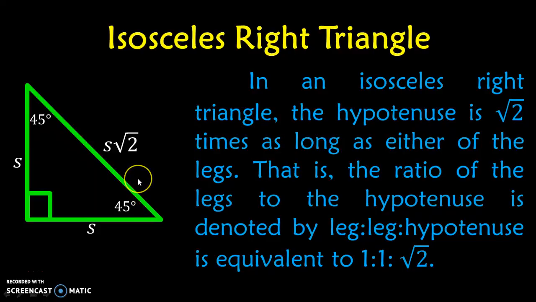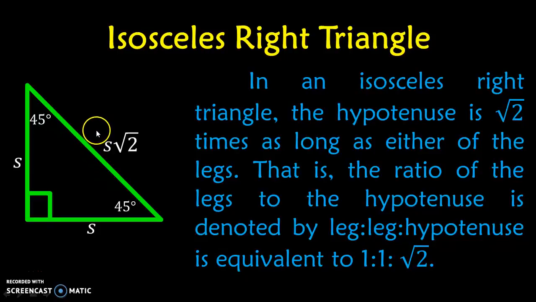So now, in an isosceles right triangle, the hypotenuse is square root of 2 times as long as either of the legs. That is, the ratio of these legs to the hypotenuse, leg to hypotenuse, is 1 is to 1 is to square root of 2.